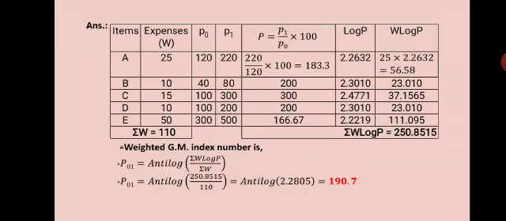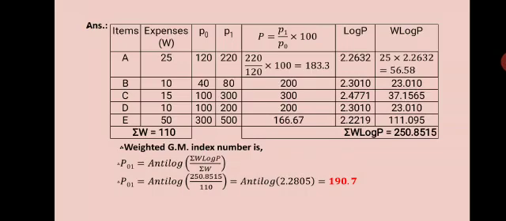Then we have the weighted geometric mean index number formula, that is P01 equal to antilog of summation W log P upon summation W. Here it is 250.8515 divided by summation W, which is 110.